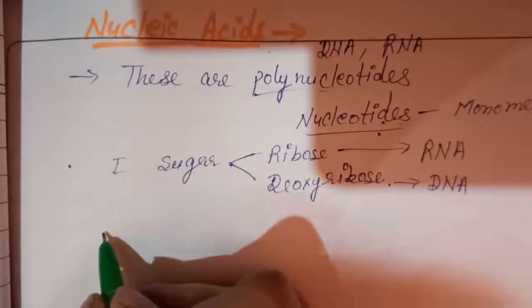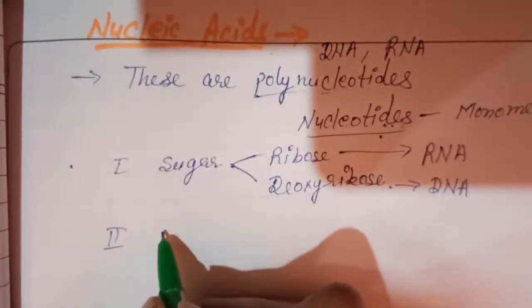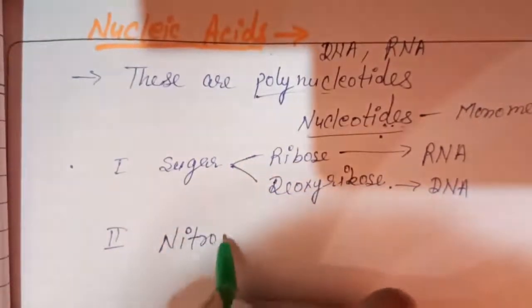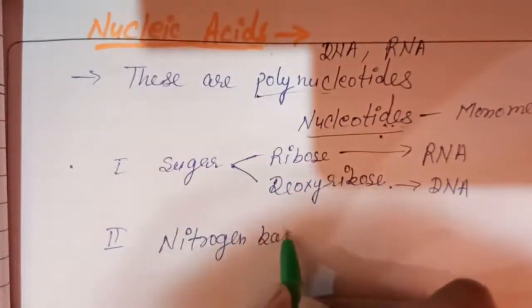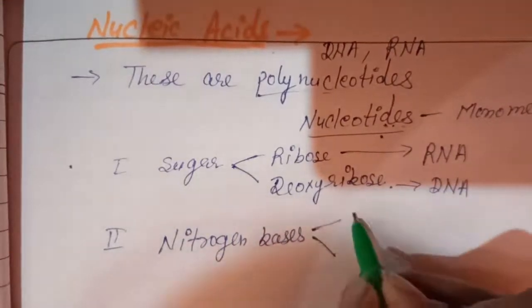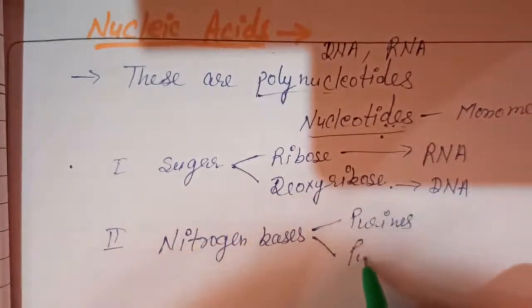After that, the next component of this nucleotide is nitrogen bases, and we have two types of nitrogen bases here, purines and pyrimidines.